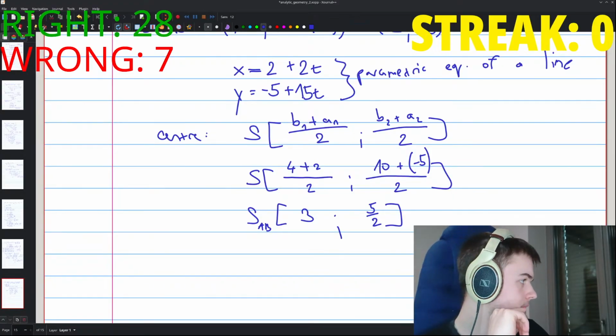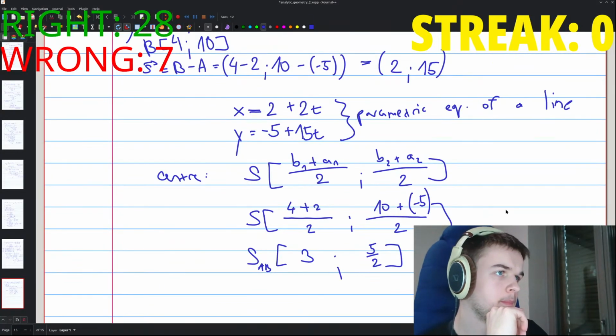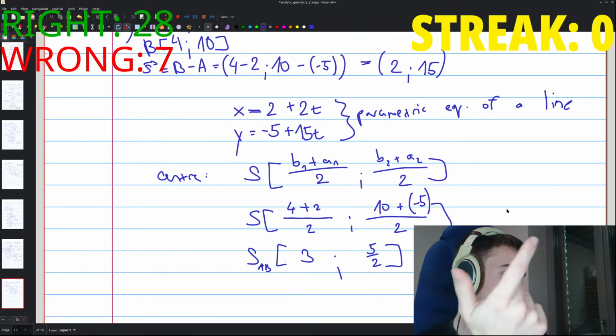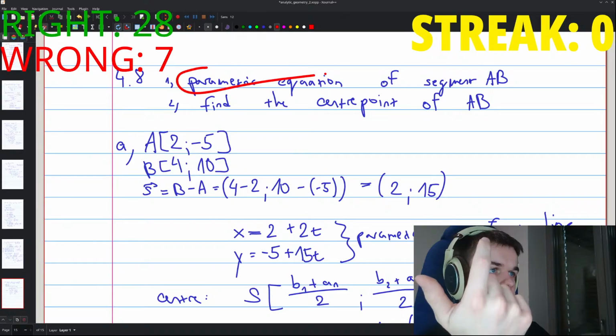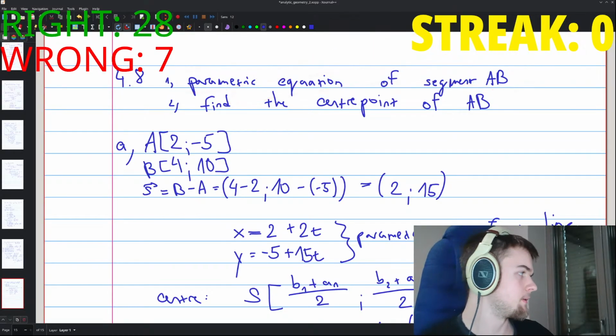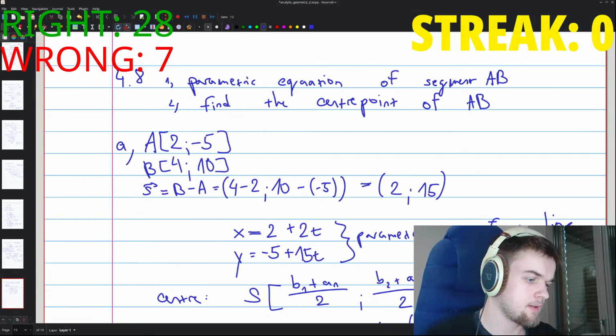We'll now see how they solved it. I'm very excited for the. Yeah, so they just got me. This is a mistake, I think, because there is no parametric equation of a segment. Let me look it up real quick, but I think there is nothing like that.